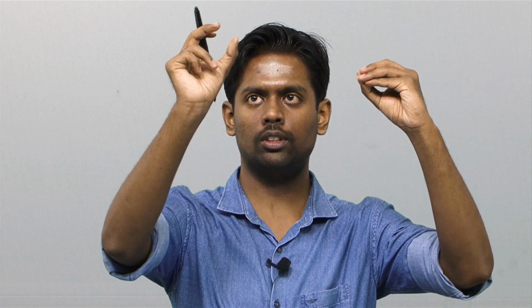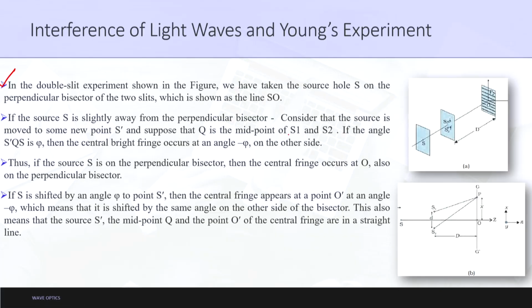If this was the pinhole S, and these were the two slits S1 and S2, and the source is now slightly deflected from this point to a new point S dash, with Q the midpoint of S1 and S2, then if the angle S dash QS is phi, the central bright fringe occurs at angle minus phi on the other side.